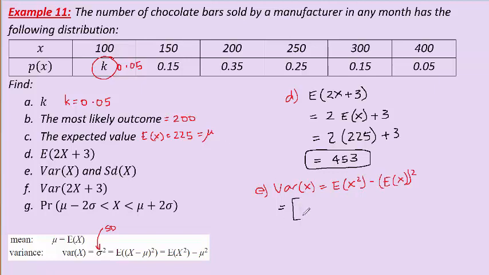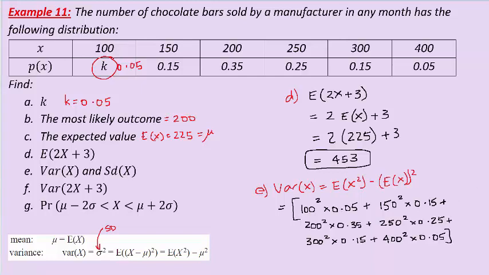So E of X squared is going to be 100 squared times 0.05 plus 150 squared times 0.15, and so on. And I get an expression like this, and then I have to subtract mu squared, which is 225 squared.